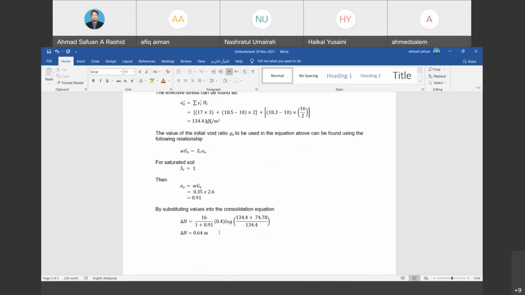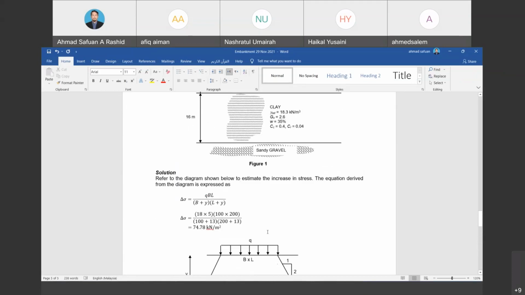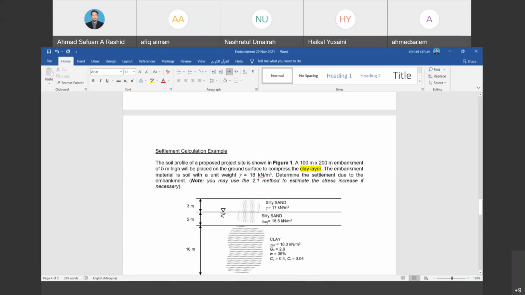So what should we do? Either we reduce the height of the embankment, or, if that defeats the purpose, we may do a treatment to improve the consolidation characteristic, or improve the settlement performance by using treatment methods.